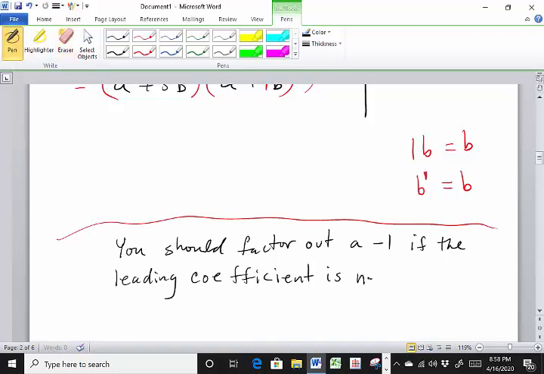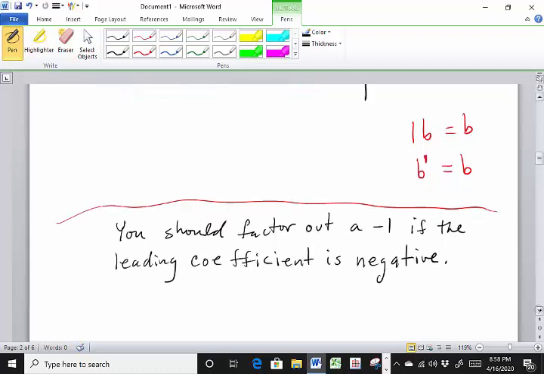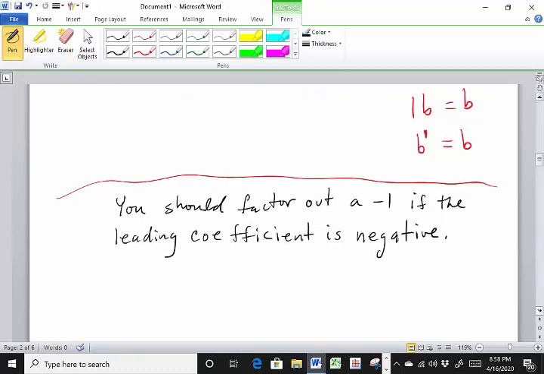And it just makes things a lot easier to do that, because those negatives on the coefficient for the first term can kind of confuse the issue. The one I'm talking about, like minus x squared minus x plus 30.